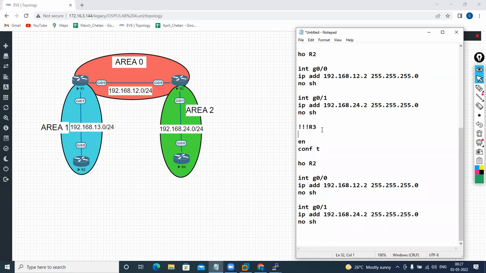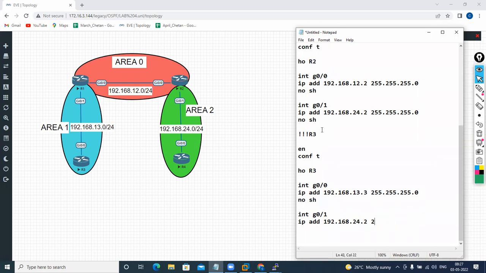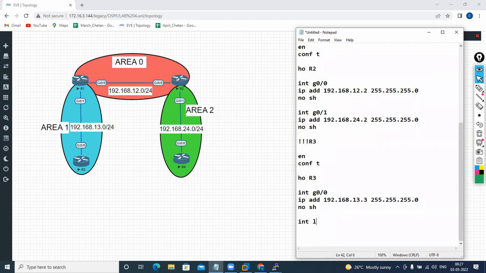So on R3, Z0/0 will be 192.168.13.3 and we'll have a loopback here. The IP address will be 3.3.3.3/32.